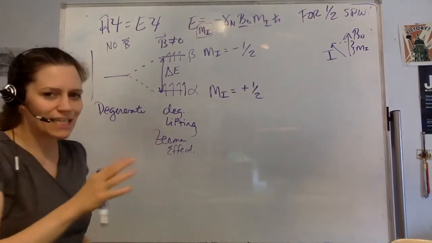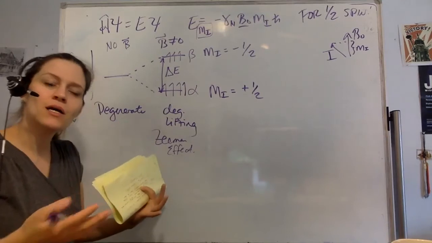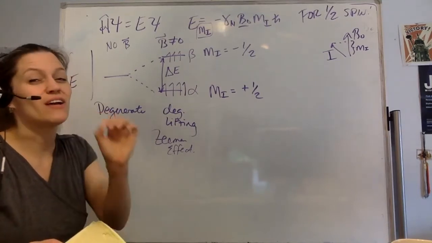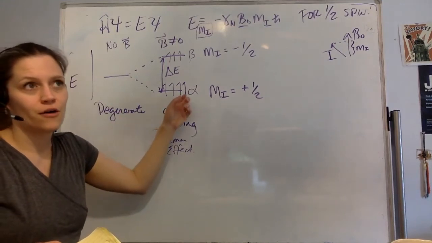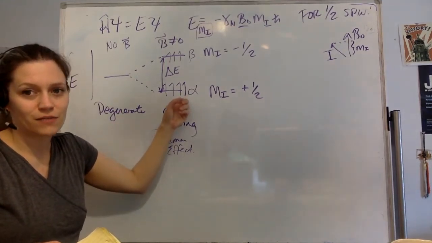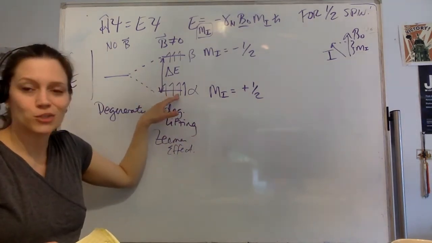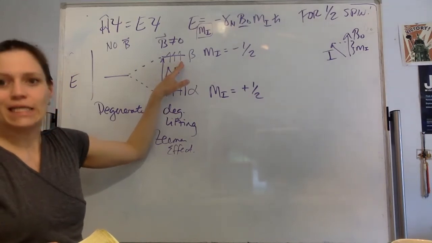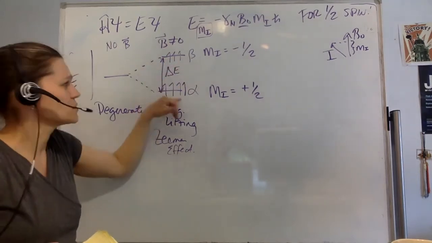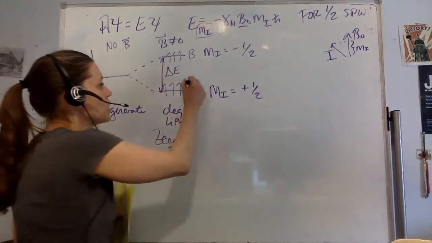You have essentially equal numbers of alpha and beta states occupied, but there's a very, very, very small percentage of nuclei that have spins in the alpha state, slightly higher. So if this is like 50.002, and this is 49.9998 or something like that. So it's just a very subtle, slight increase.